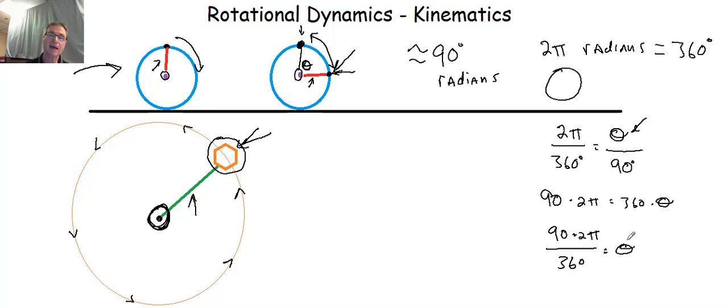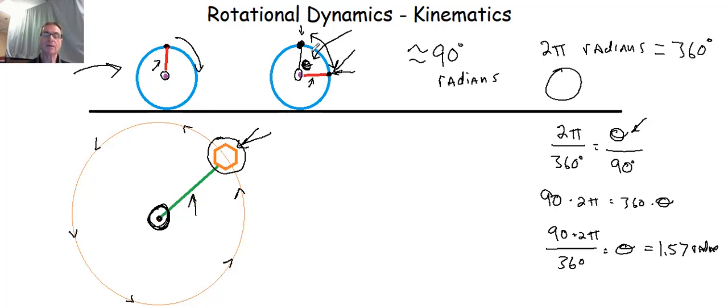And if I do that on my calculator, what I get is about 1.57 radians. All right, that's how many radians is subtended by this angle up here. All right, 90 degrees is 1.57 radians.